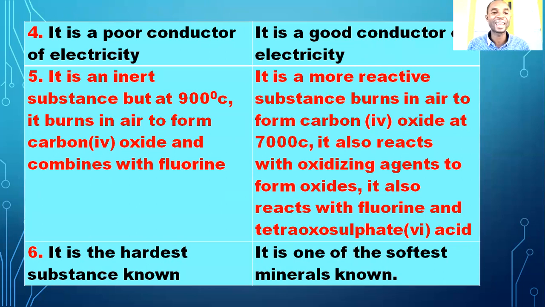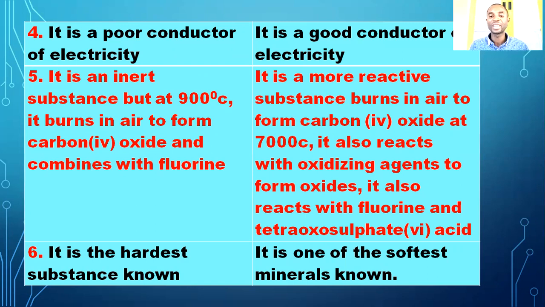Diamond is an inert substance, but at about 390 degrees Celsius, it burns in air to form carbon(IV) oxide and combines with fluorine. Graphite is a more reactive substance, burns in air to form carbon(IV) oxide at 700 degrees Celsius.